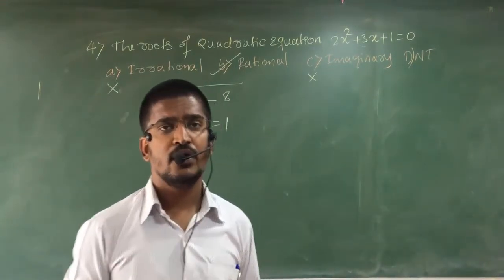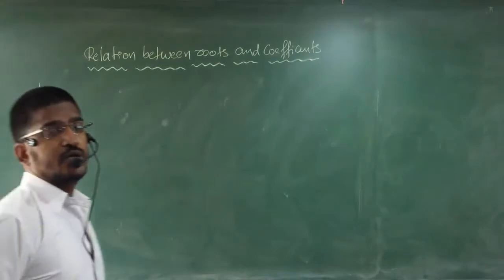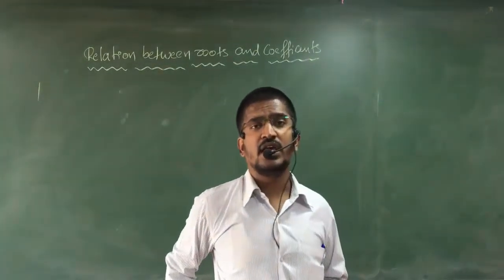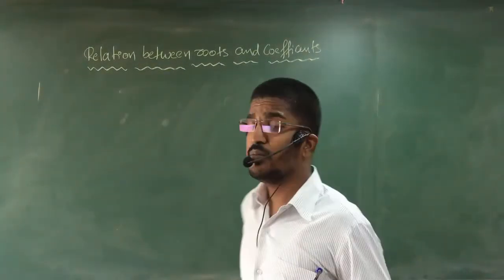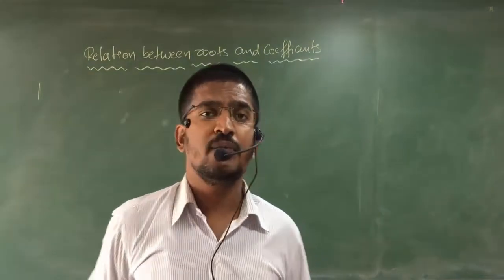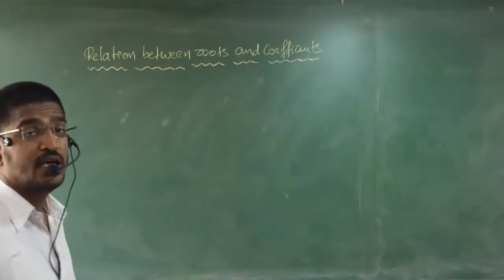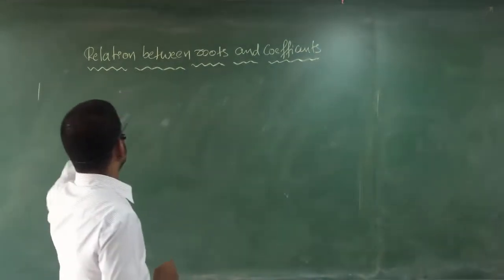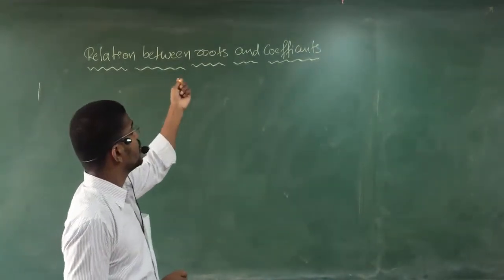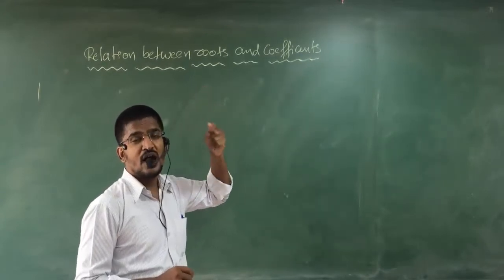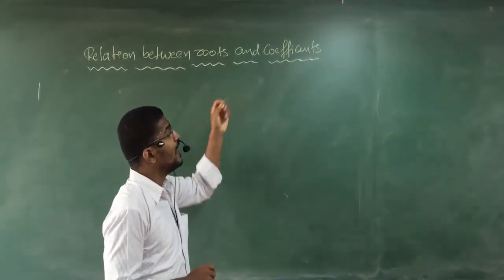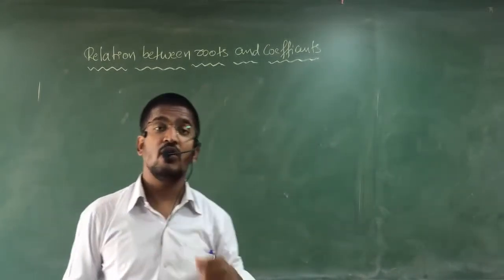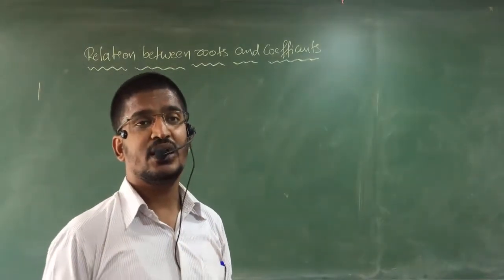Clear? Okay, students. Now let us study the relation between roots and coefficients. That means you have to study the relation between the roots of your algebraic equation and the coefficients of your algebraic equation.